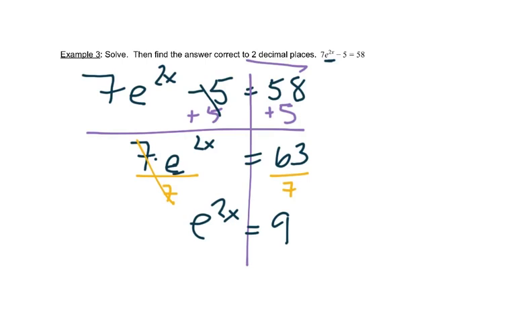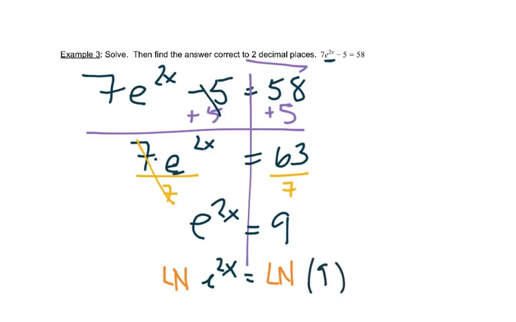And now that we have the e with the exponent by itself, now we can use logs on both sides. But when we put logs in on both sides, we're going to use ln because of the e. So we have ln of e to the 2x equals ln of 9.